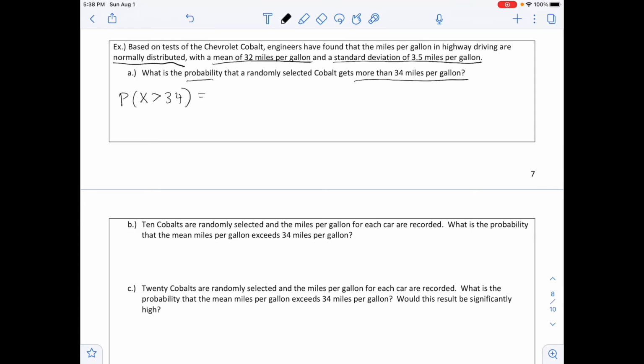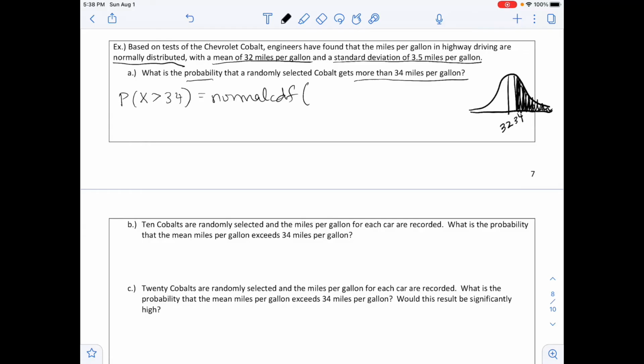And so in order to do this, we use our normal CDF. If you want to sketch this out to get a better visual representation, the mean here was equal to 32, and this was asking for 34 miles a gallon or more, so shading it to the right.